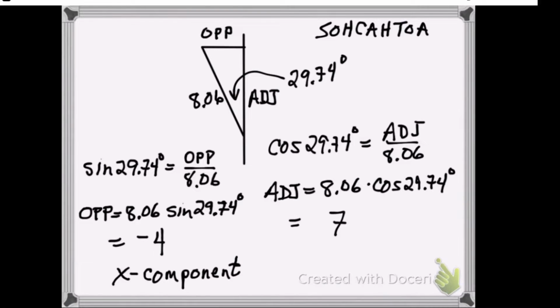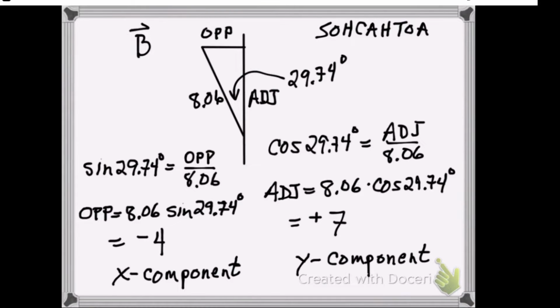So since it goes to the left, we're going to make it negative. So our x component for this vector b is -4. On the other hand, the adjacent side goes up, so consequently it will be positive, and that's going to be our y component. There we go. So that's our analysis of vector b.